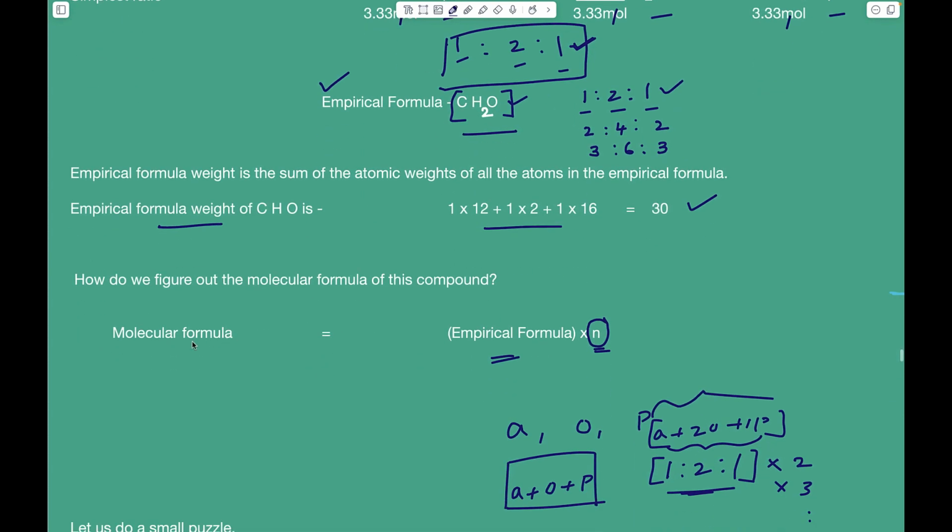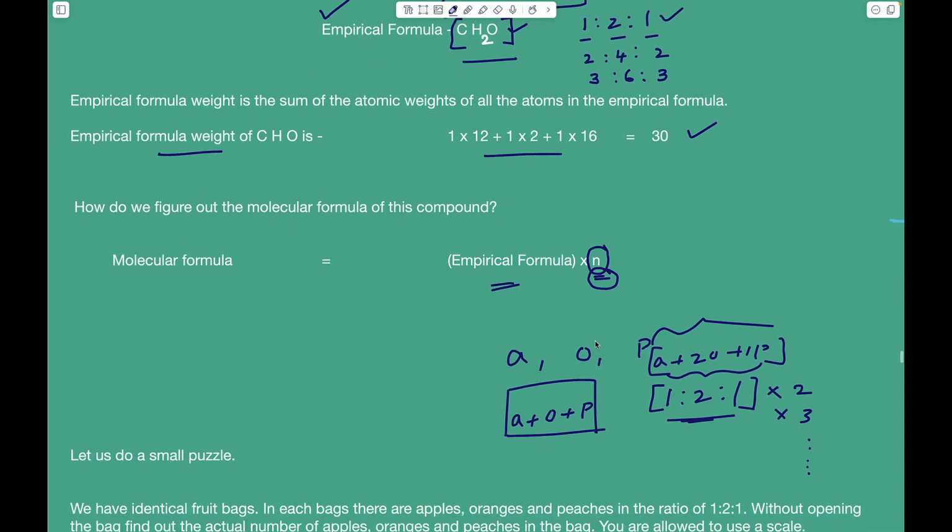To get the molecular formula, you need to know the value of this N, and to know the value of this N, you must divide the molecular weight of the compound with its empirical formula weight to know how many such empirical formulas are present in one molecule of that compound. And to know the molecular weight of the compound, you have to go back to the laboratory.